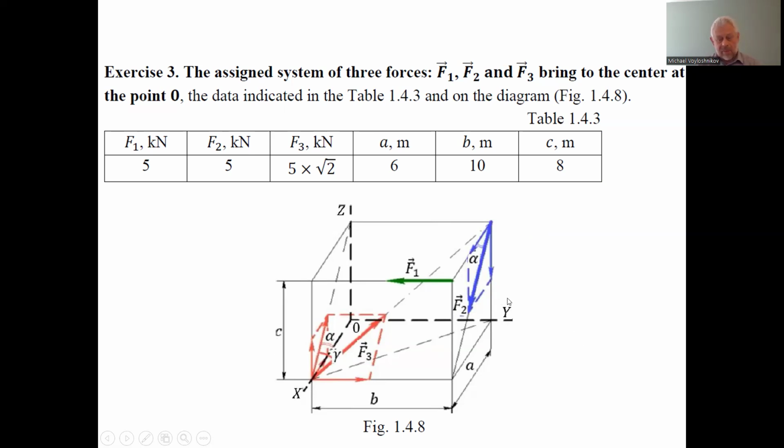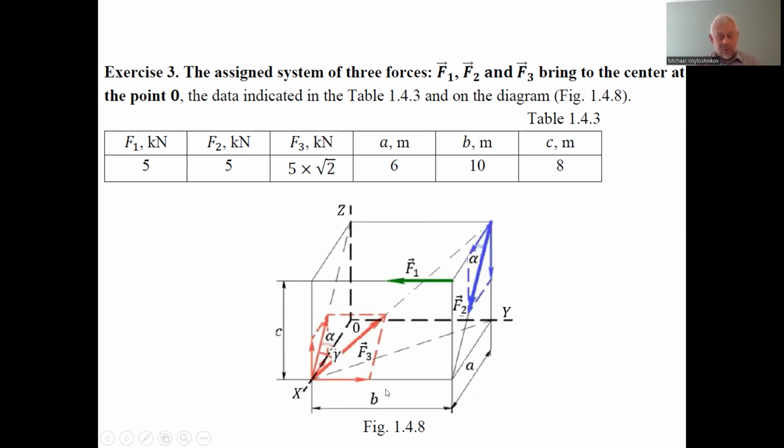The moment relative to the y-axis of the force F1 is 0 because it's parallel to the y-axis. For the force F2, only the horizontal component of F2 counts, because the moment is positive. We found the magnitude F2 multiplied by cosine alpha and multiplied by the arm C, positive because it rotates the point counterclockwise if we look toward the y-axis.